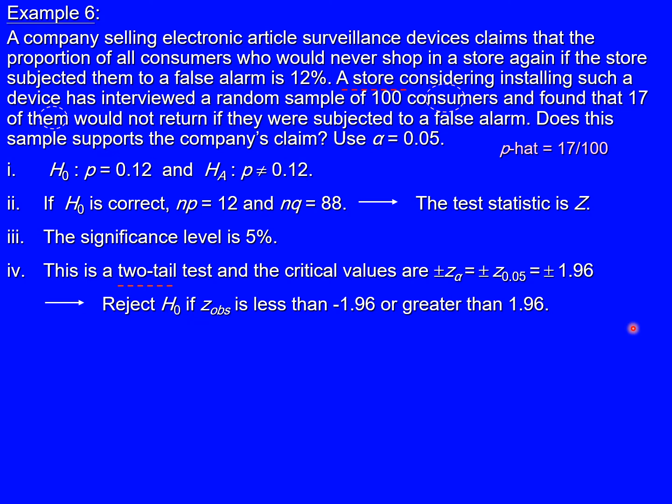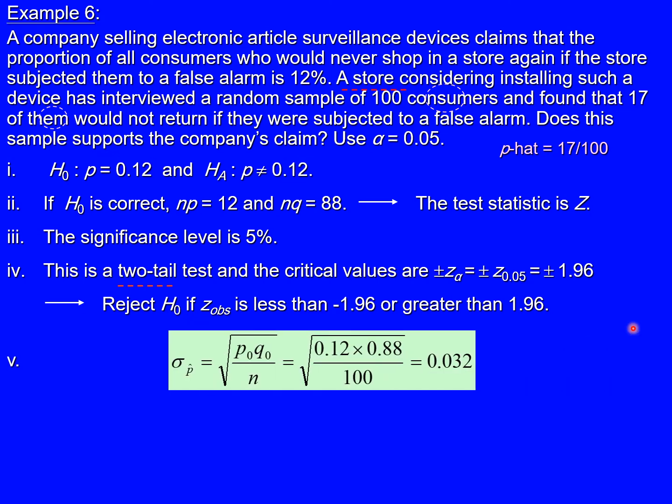That means we can reject H naught if the observed Z is less than minus 1.96 or greater than 1.96.